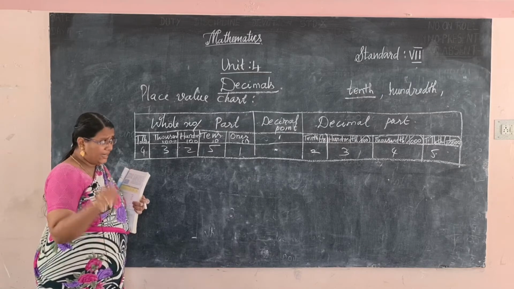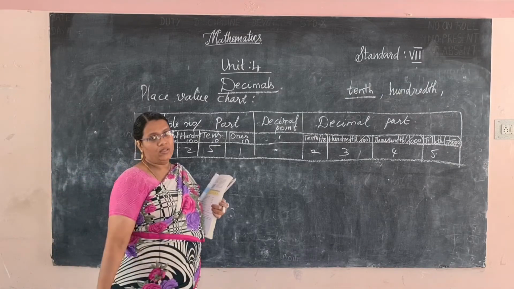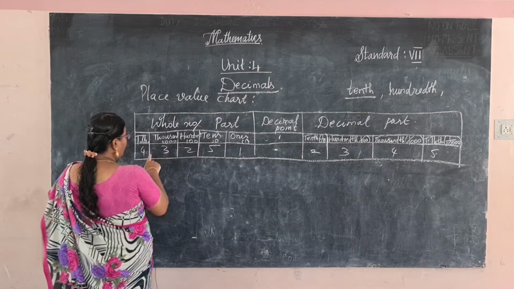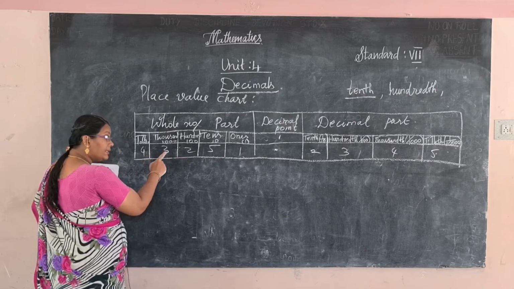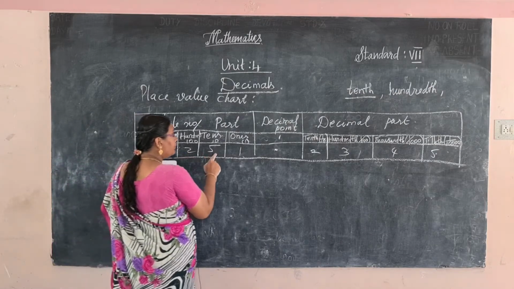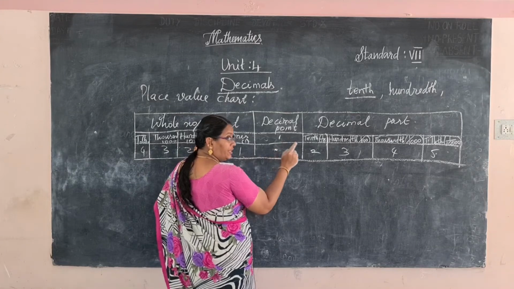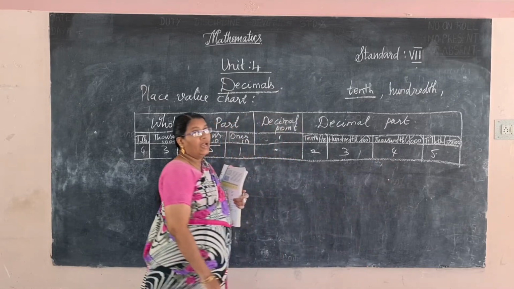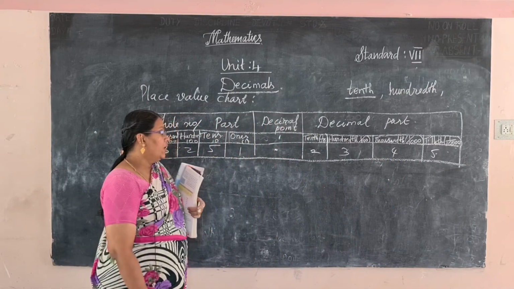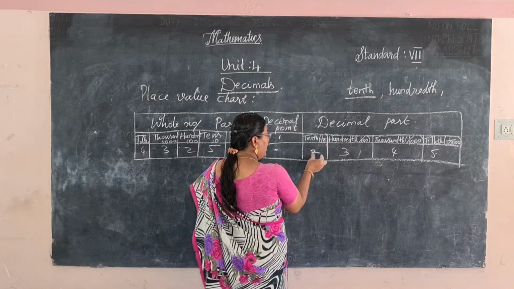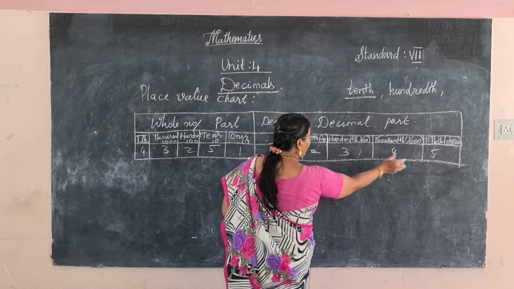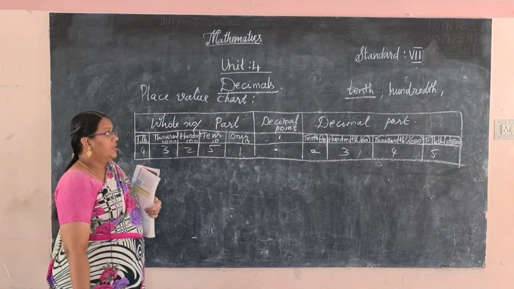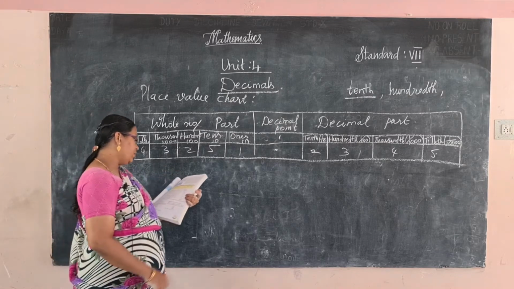Tenth, hundredth, thousandth, ten-thousandth. The number is read as 43,251 point, and after the decimal point, each digit is read individually: 2, 3, 4, 5. So the number is 43,251 point 2345. I hope you understood.